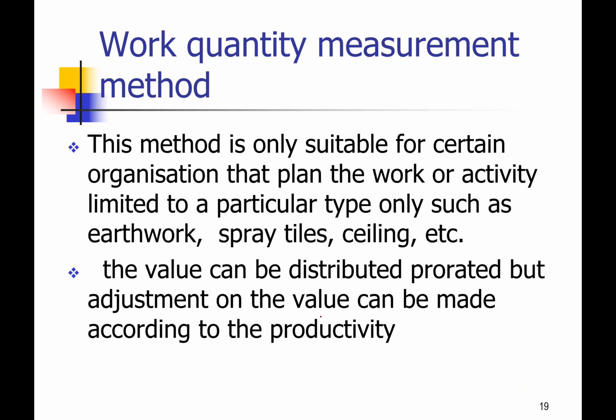And lastly, work quantity measurement. You notice that a lot of work in construction is repetitive in nature. Earthwork, spray tiles, putting ceiling, plastering, painting, etc. are just repetitive. Let's take a look at hanging ceiling, for instance. Hanging ceiling normally uses the same standard panel.